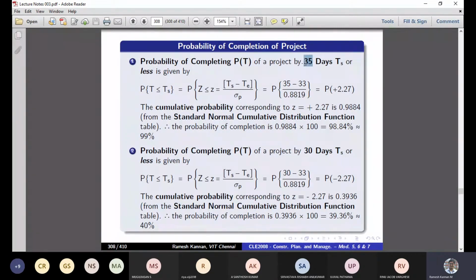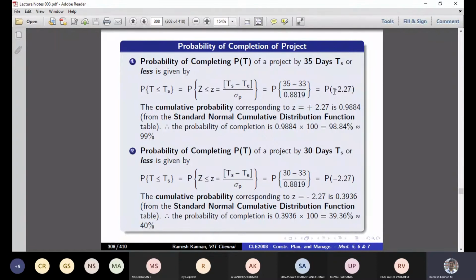The expected duration is given, like your client might ask how you can finish your project, or what is the possibility of doing it within the stipulated deadline. Then you can say this is the probability, which is nothing but the probability of 35, which is the X days given, minus the critical path duration, divided by the standard deviation.